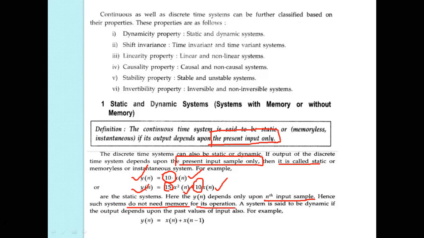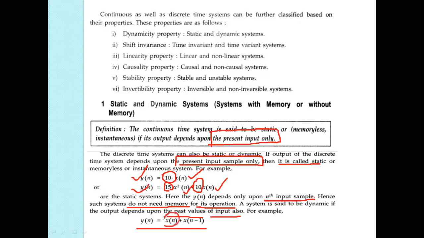A system is said to be dynamic if the output depends upon past values of the input also. When can we call it dynamic? Where it is not static. Not static is a dynamic one. In the mathematical equation, it depends upon the past values.